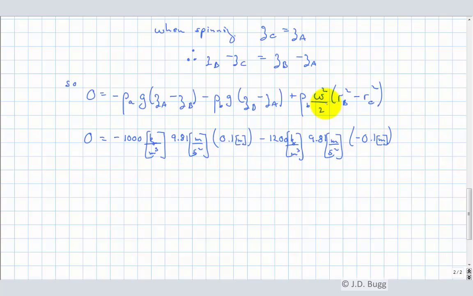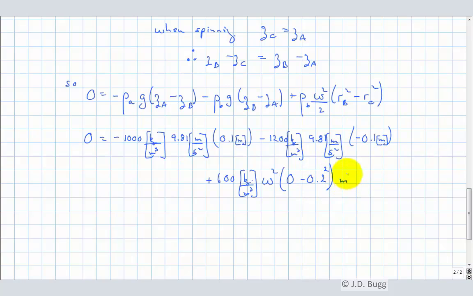And then the last term is the one with the angular velocity in it. So we add to this rho B divided by 2. I'm just going to divide the density by 2 to take this into account. So that'll be 600 kilograms per meter cubed. Omega squared, so that's what we're after, times RB squared minus RC squared. Well, RB is 0, it's on the axis, and RC is 0.2 meters, and that's squared.